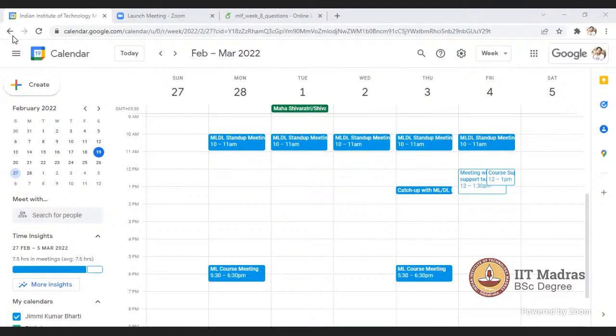Second thing, if there is a graded question, we don't want to touch that query usually before the deadline. Third, if there is a wrong answer and you have a valid reason, just post it and tag me and tag Ram, who was there to conduct the session.